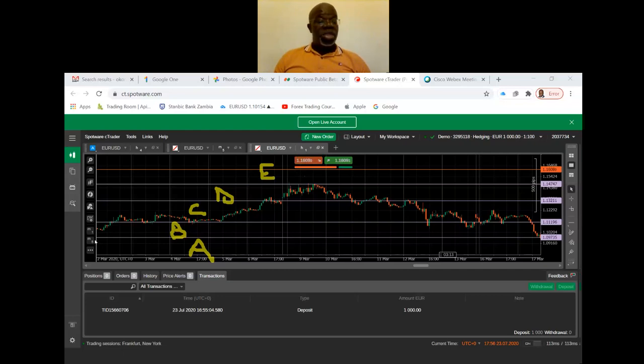And once you realize that, once you know that it moves from one zone to the next, then half your job is done because you just wait when, like here, it was consolidating between C and D, and you know that it will either go up or down.